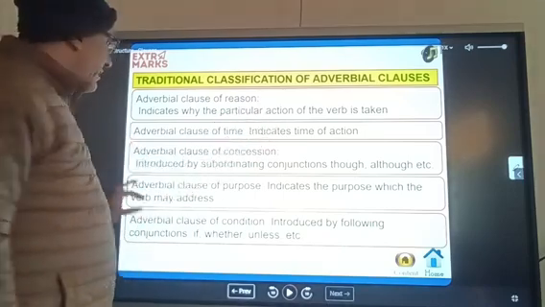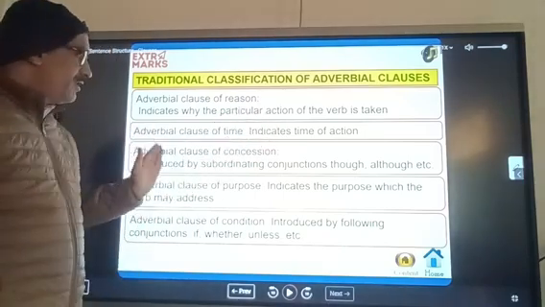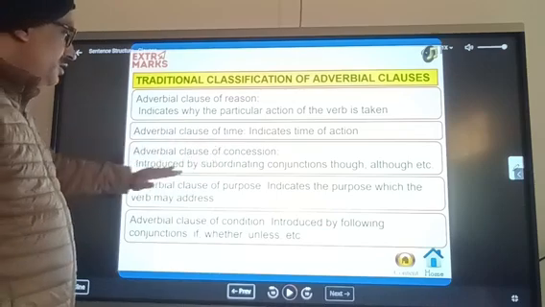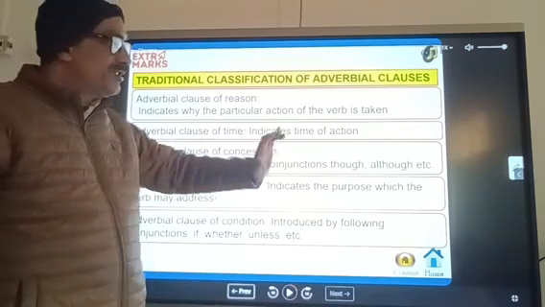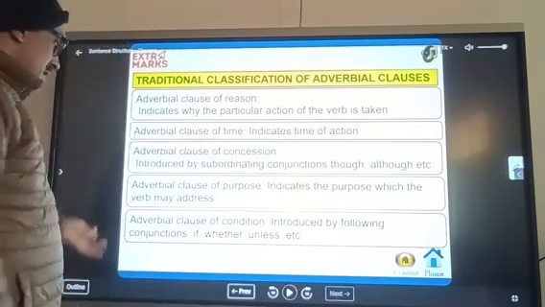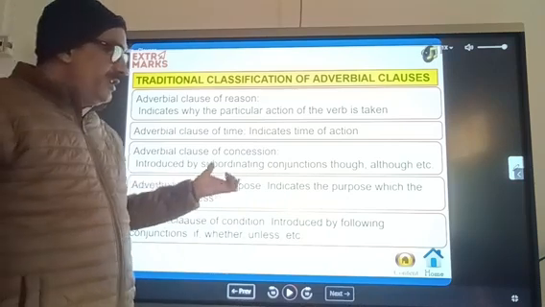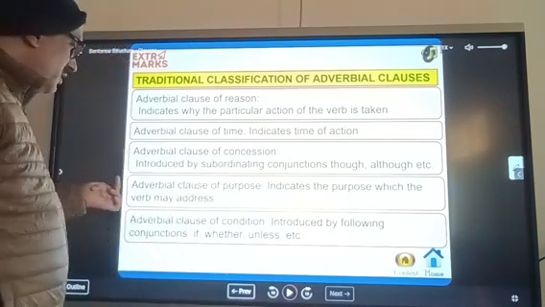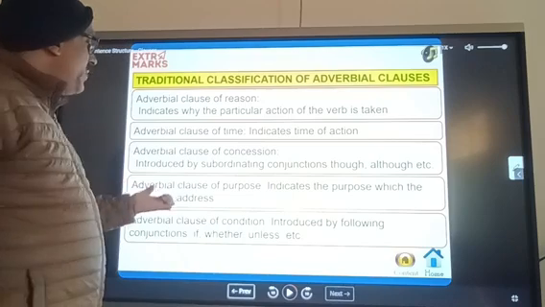Adverbial clause of concession is introduced by subordinating conjunctions though, although, etc. Adverbial clause of purpose indicates the purpose which the verb may address.